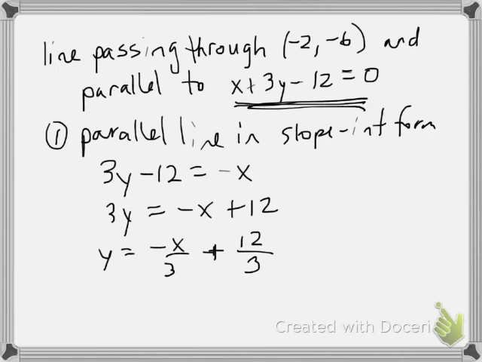Okay, and I'm going to simplify this a little bit. I'm going to write it as y equals -1/3 x plus 4. I can write that last fraction as 4 because 3 goes into 12 4 times. So I have my line y equals -1/3 x plus 4.